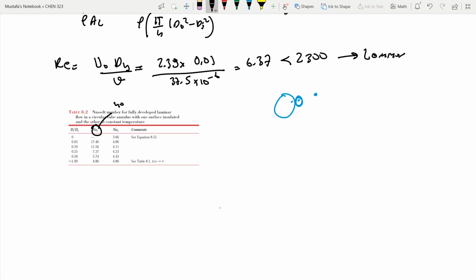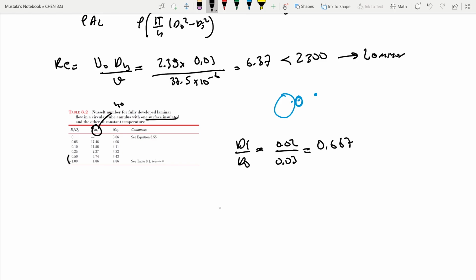So to use this table, I need to calculate the ratio of inner over outer. So this is 0.02 for inner, 0.03 for the outer. The ratio is 0.667. So now we need to interpolate in between these two. We are assuming one surface is insulated, the other is at constant temperature. This is the valid case here.